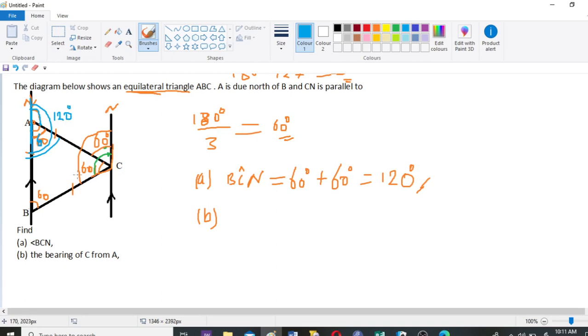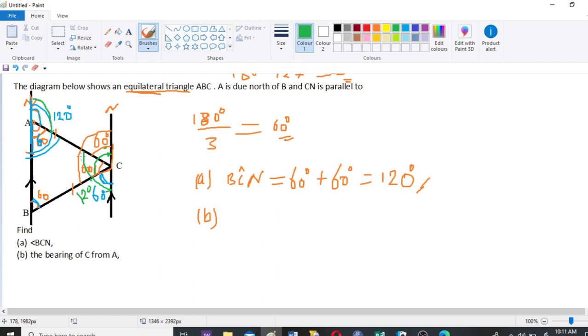120. The other way you can analyze it is this angle you have here is 60, which is alternate interior angle to this one, which means this angle is also 60 degrees. Look at this one, from here up to here: when you add 60 plus 60, it will give you 120 degrees, which is alternate interior angle to this angle here, which is also 120.